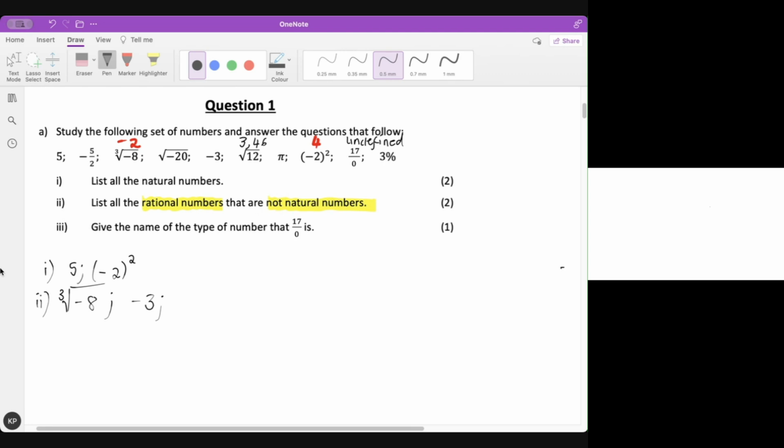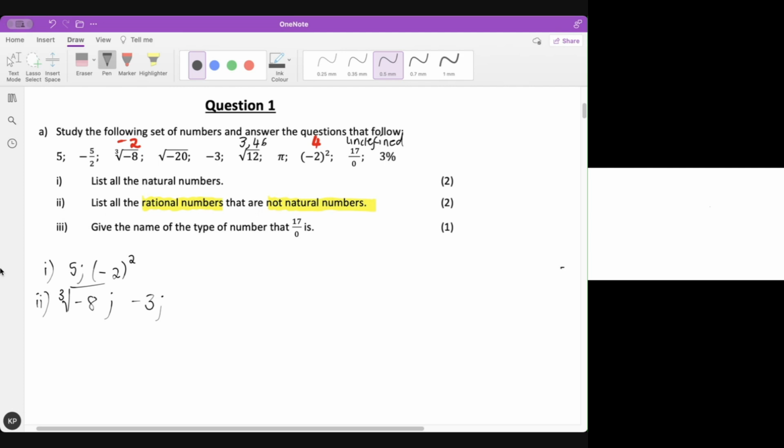Wonderful. The next one is pi. Is pi rational? No. Negative 2 squared, we're skipping because they told us to skip it. Is 17 over 0 rational? It can't be rational. It doesn't even have a definition.